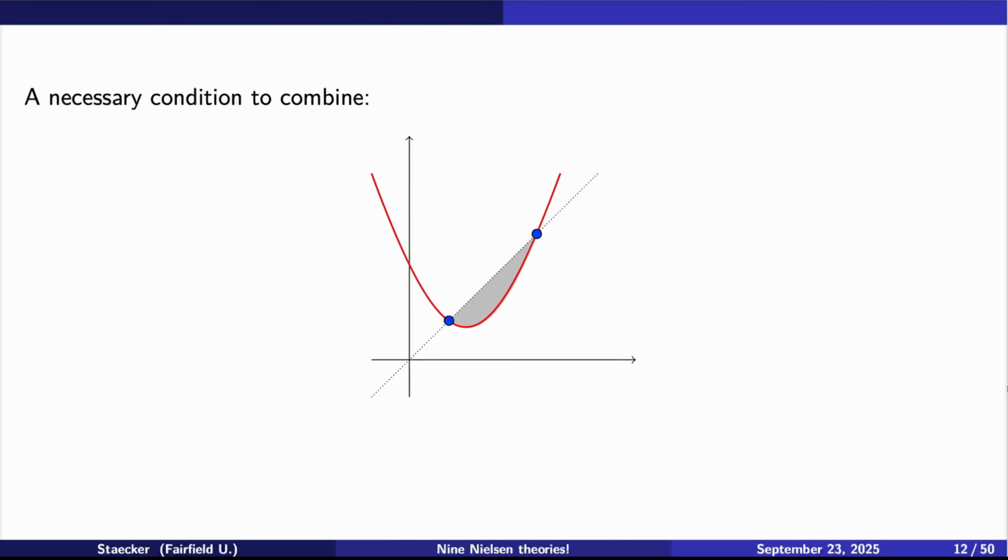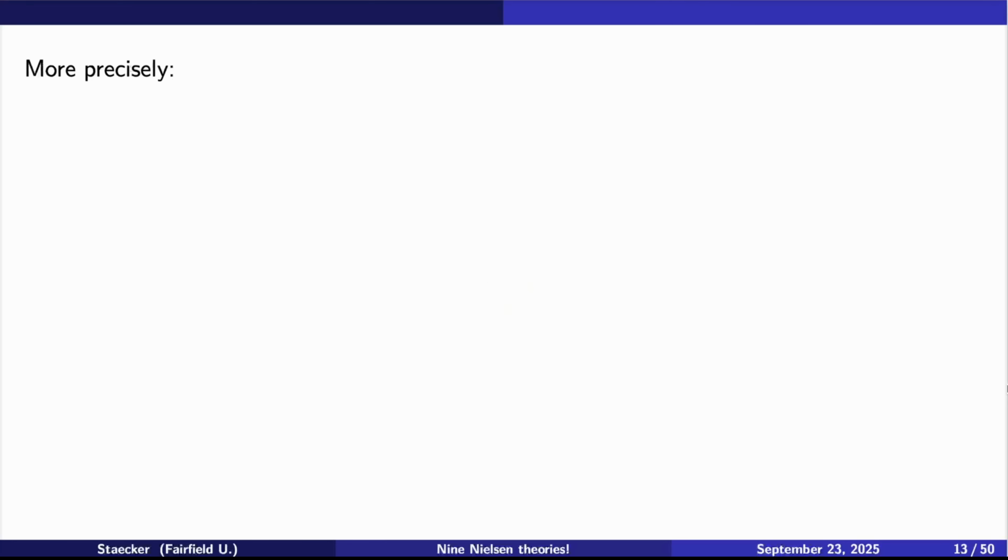It is that this region in the space that the graph lives inside has to be contractible, because if you want those 2 points to come together, this region will shrink down and disappear, right? So that region in between the graph and the diagonal must have no holes in it in this space, because if there is a hole in there, there's no way you can bring the two fixed points together.